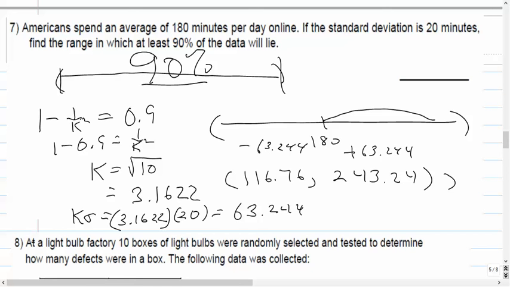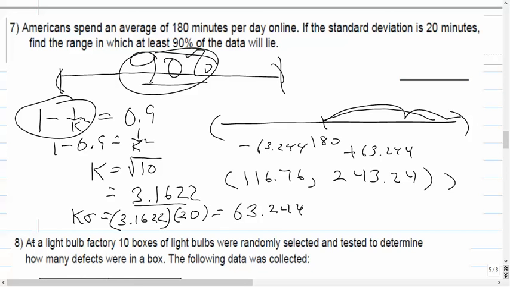But anyway, let me just walk you through it again. I'm trying to find the interval that contains 90% of my data. So again, I think Chebyshev's because it's not bell-shaped. But instead of being given the interval, I'm finding the interval, so I'm working backwards. I know the percentage I want, so I need to solve for k. Show yourself that k is equal to the square root of 10, which is approximately equal to this. Now again, Chebyshev's is talking about the number of standard deviations you're away from the mean.